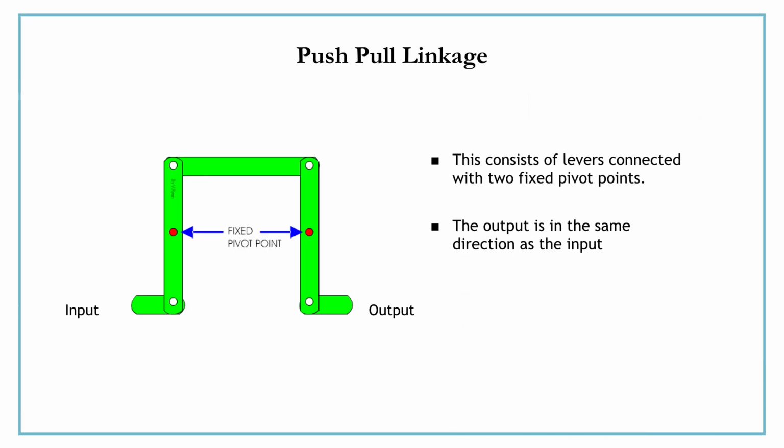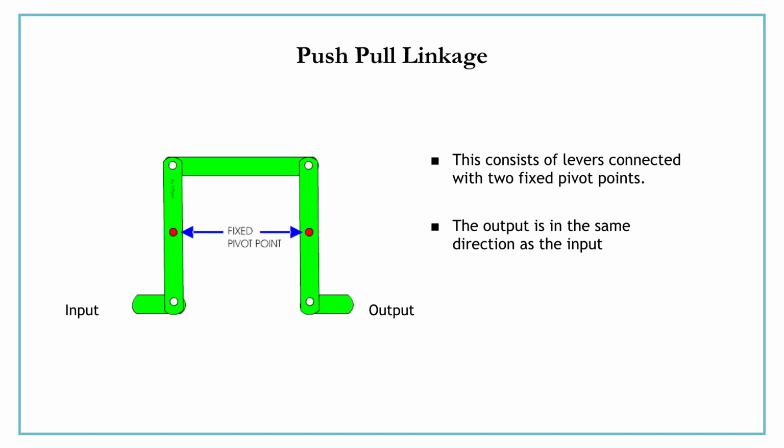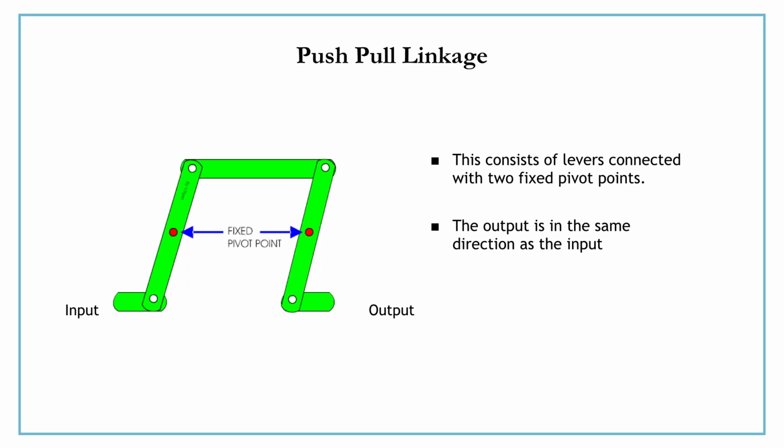Next, we will have a look at the push-pull linkage. This consists of levers connected with two fixed pivot points. The output is in the same direction as the input, as you can see over here.